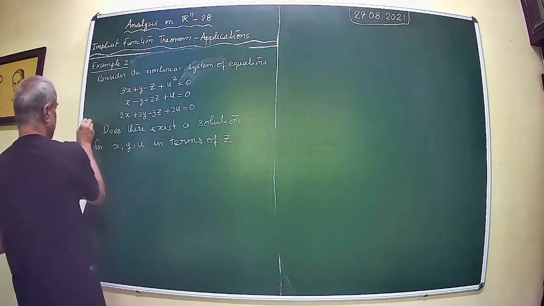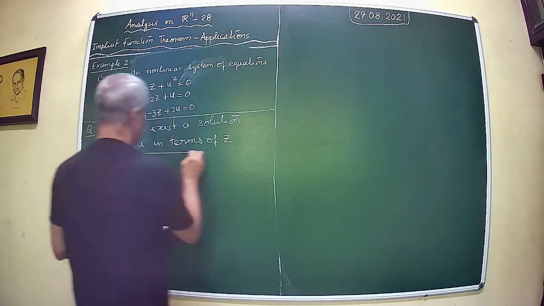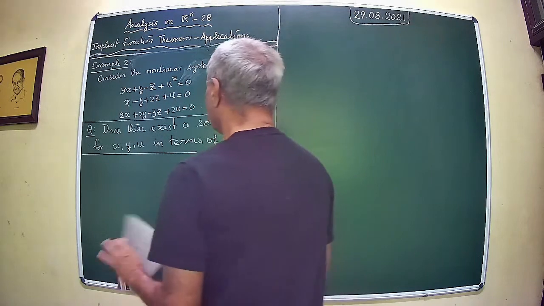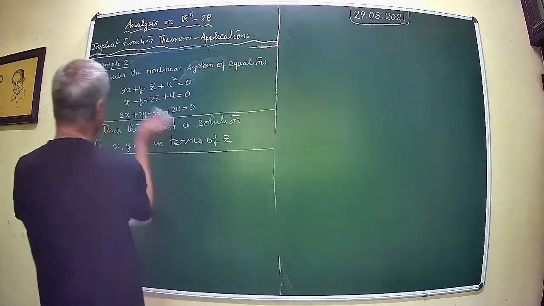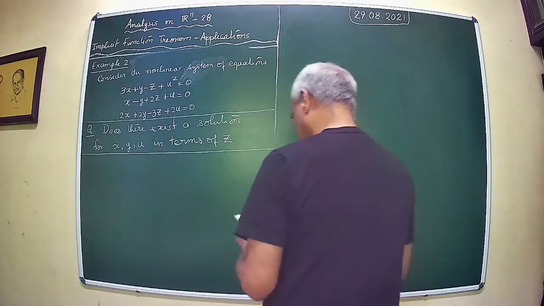This is the question that we are taking up. So what we do is we rewrite the whole thing, we reshuffle the terms and rewrite the whole thing in the following form.